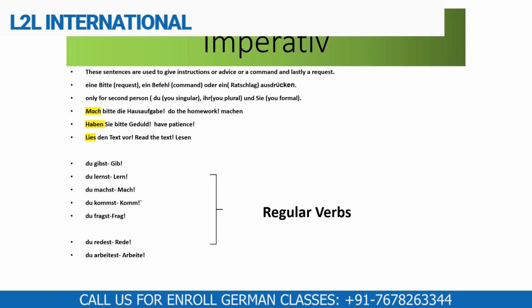These sentences are used to give instructions or advice or command or lastly a request. So there are four uses of imperative verbs: command, request, advice, and instruction. Eine Bitte. Bitte means request. Ein Befehl. Befehl is command. Oder ein Ratschlag. Ratschlag is suggestion. Ausdrücken means to express.